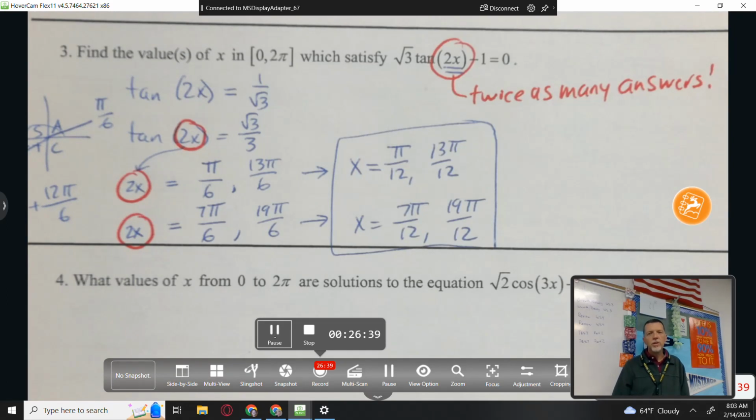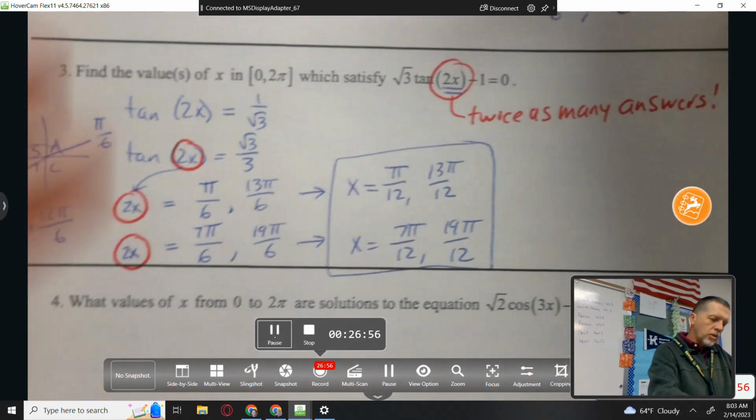So that's probably what's most missed and most confusing on this section, is when the argument is 2x or 3x. Because other than that, the algebra is not real hard, and it's just knowing your unit circle. But the 2x and 3x stuff is what tends to throw us off.